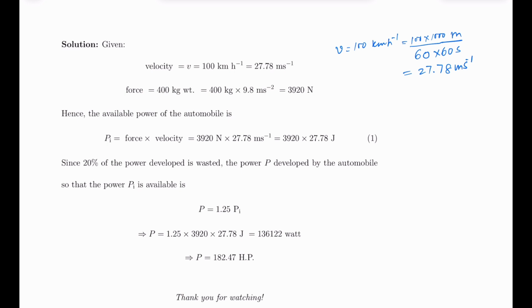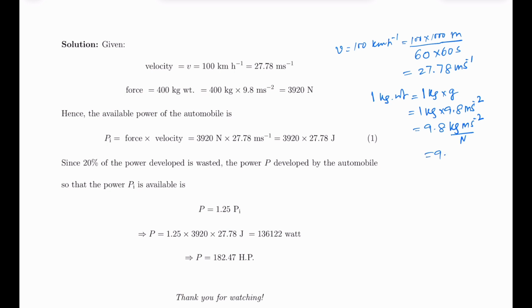Force is 400 किलोग्राम weight. अब देखिए 1 किलोग्राम weight क्या है? This is the force by which Earth pulls a body of mass 1 kilogram towards its center. So this is 1 kilogram into g. Value of g in SI is 9.8 meter per second square. So this is 9.8 kilogram meter per second square, and this is nothing but Newton.